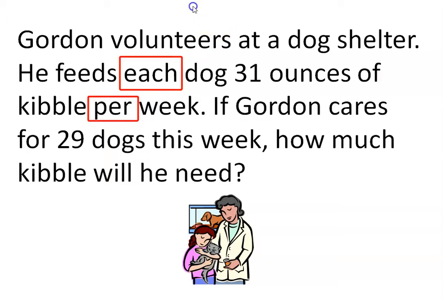So each dog is getting 31 ounces of kibble each week. If Gordon cares for 29 dogs this week, how much kibble will he need?